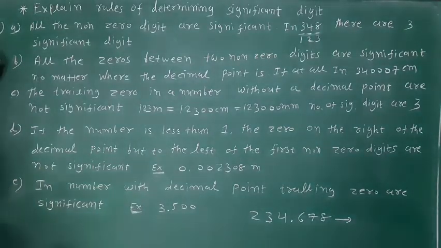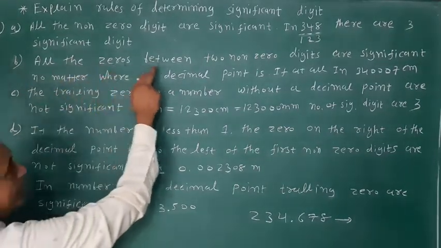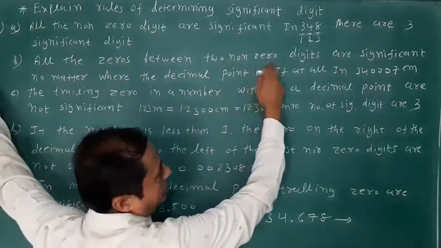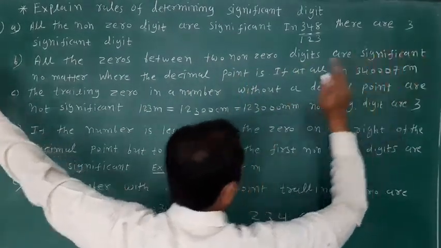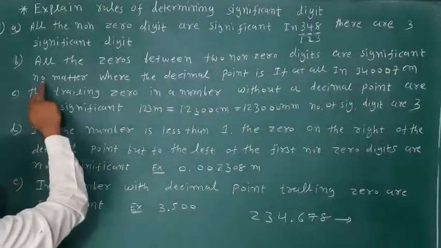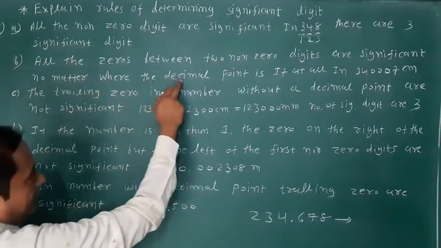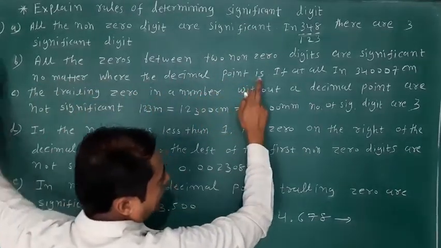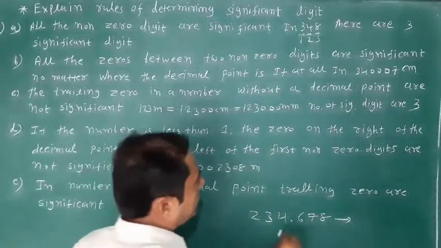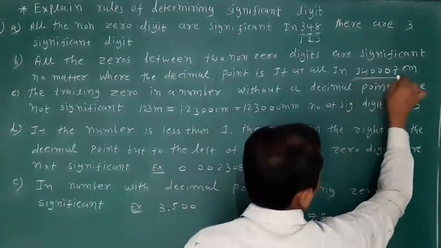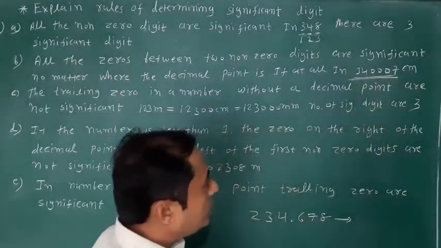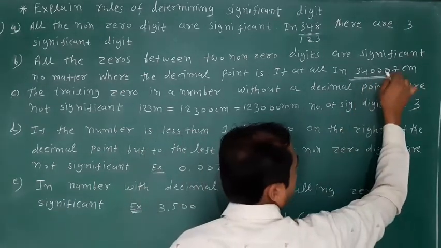Second, all zeros between two non-zero digits are significant, no matter where the decimal point is. Suppose, look here, we have the number 340007.